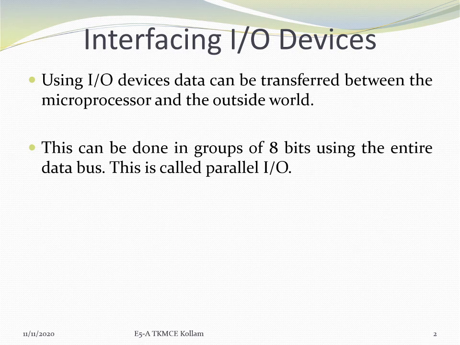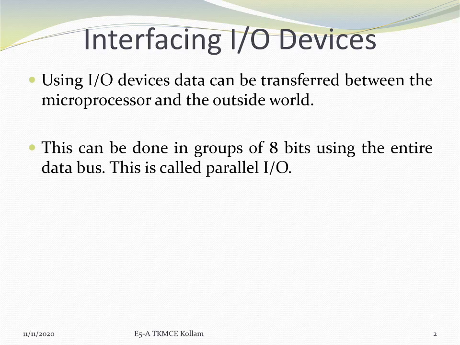This data transfer can be done by means of two methods. First one is parallel I/O interfacing and second one is serial I/O interfacing. In parallel I/O interfacing, the 8-bit data bus of I/O device is directly connected to the data bus of microprocessor.